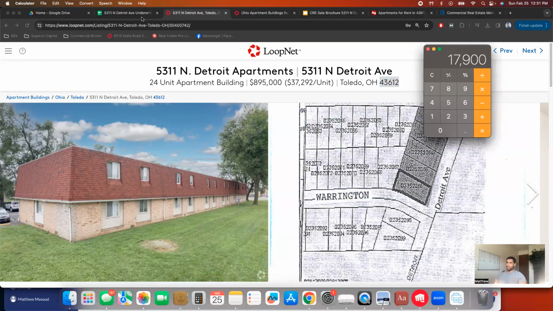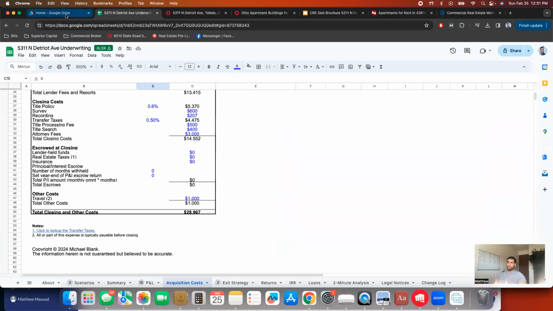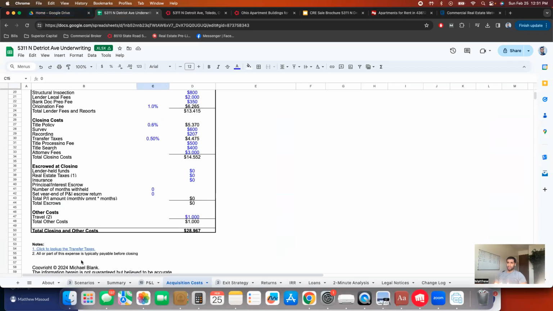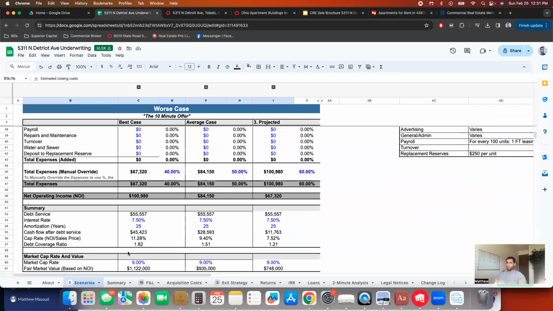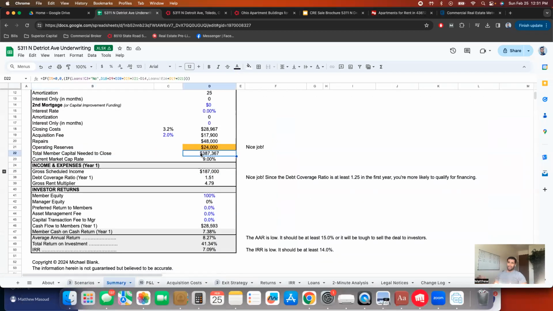So yeah, this is around 10 grand higher than it should be. But it's better to overestimate than to underestimate. So when all said and done, you're going to need 387. I'd say 400,000. My raise would be 400,000 for this property.